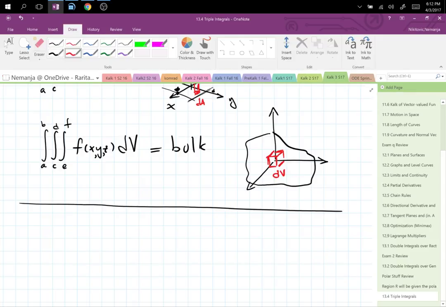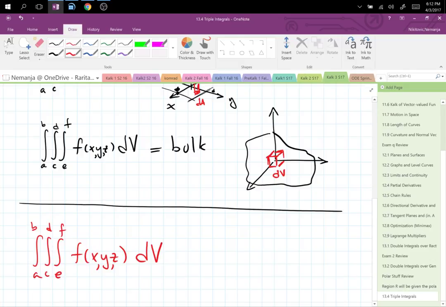So we have a, b, c, d, e, f. These are all numbers, for some function f of x, y, z. And then you have your dV. So that's the general region.